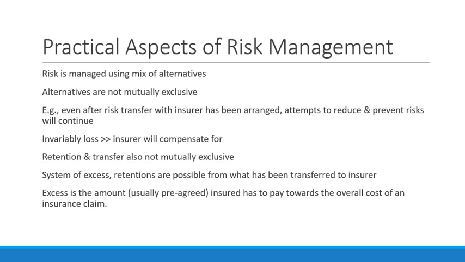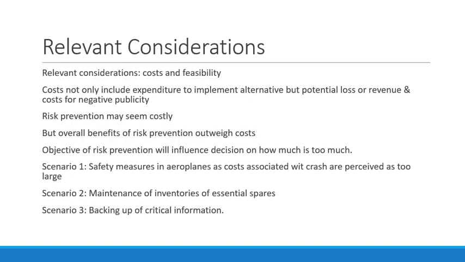Excess is actually the amount usually pre-agreed that the insured has to pay towards the resultant cost of the insurance claim. So the relevant consideration for the appropriate risk management technique is costs and feasibility. Costs here not only include the amount of expenditure required to be spent to implement the alternative of the risk management technique, but also the potential loss of revenue and costs associated with negative publicity for the products.